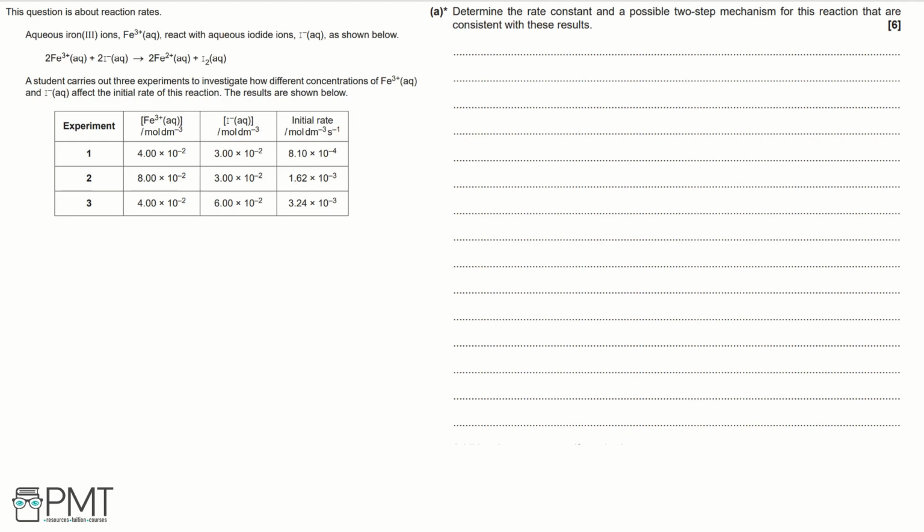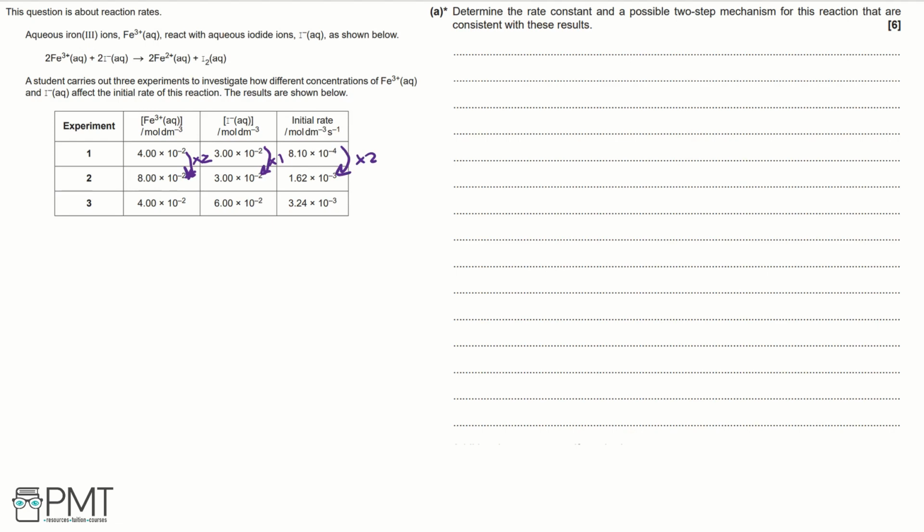Firstly, we need to determine the order of reaction for Fe3+ and I-. Let's begin with Fe3+. So we're looking for where it has increased by a certain value. Here, it's increased by 2, and where I- has stayed the same, or multiplied by 1. Then you need to look at the initial rate, and this has also multiplied by 2.